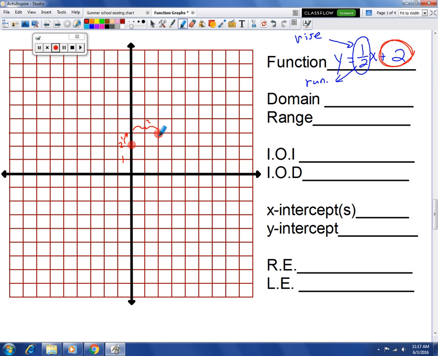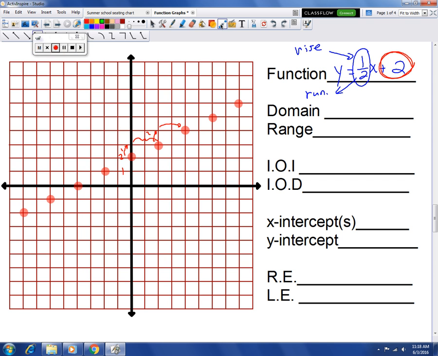So our next dot's there. Up 1, right 2. Up 1, right 2. We go backwards and go left 2, down 1. Or go down 1 first and left 2, doesn't matter. Okay? Alright. Here's our line. That's our graph of y equals 1/2 x plus 2.